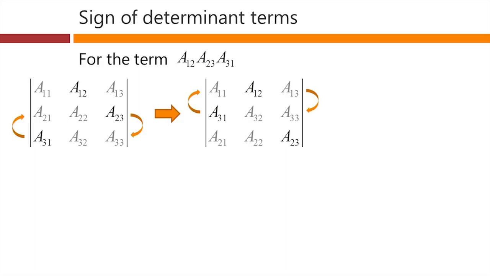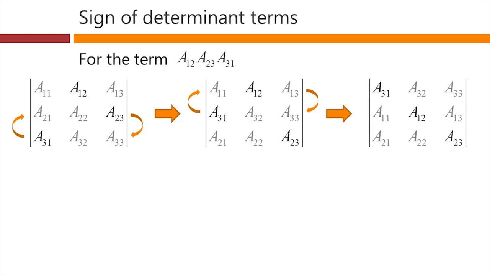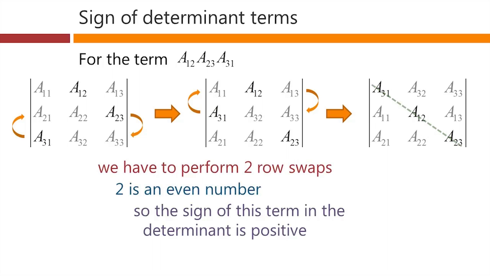But one more row swap, swapping these two rows about, will achieve that for us. And here we are. So performing 2 row swaps will end up with all of these terms that we want to multiply together, all lying on the leading diagonal. So we had to perform 2 row swaps in this case. 2 is an even number, so the sign of this term in our overall sum will be positive.